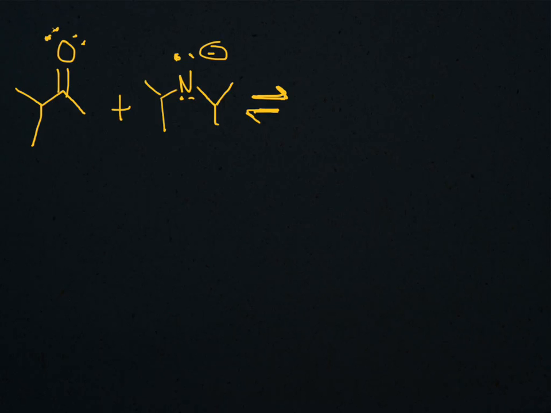Now in this reaction, this compound will be functioning as the base, and this compound will be functioning as the acid. So the electrons of this base will be forming a bond with a proton from the acid.